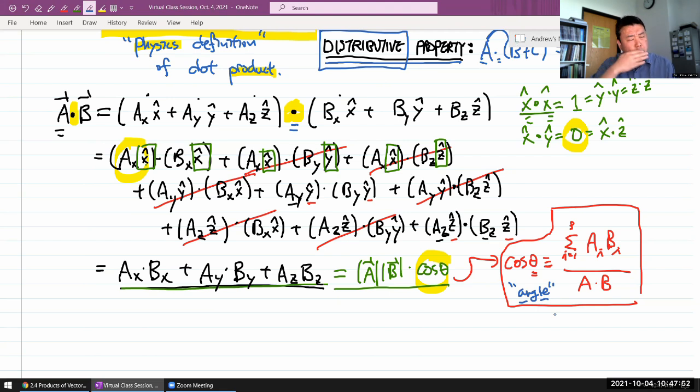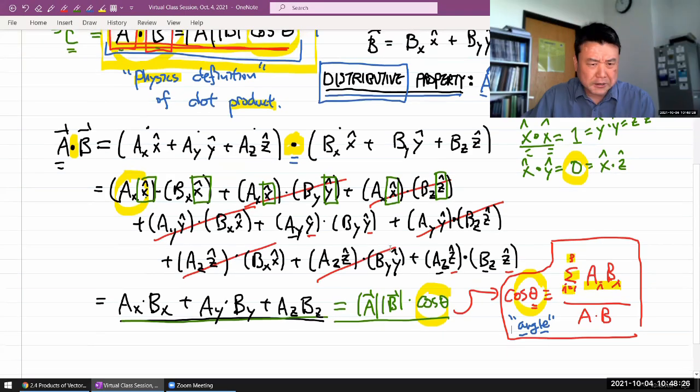I think there was one homework set in week one, I remember doing this in virtual class session, that asked about the angle between two vectors in three-dimensional space, and this was the way to quickly do it, because once they've given you the components, dot product is super easy to compute, and you can compute the magnitudes, and from that get the angle. If you're trying to visualize it, it's hard. When you do algebra, it's a lot easier.